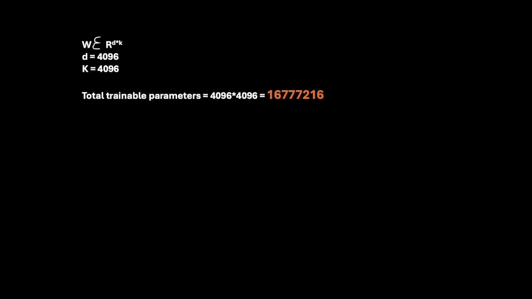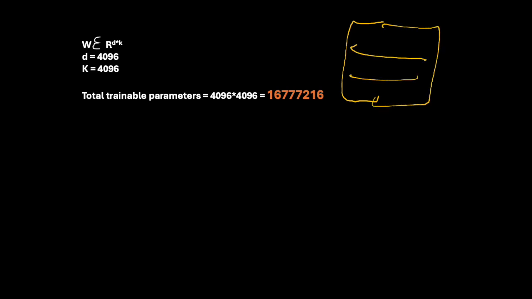So let's suppose we have a matrix W which is a member of the real numbers with D equal to 4096. Basically D and K here are the dimensions of a matrix. So suppose this is a big matrix in front of me with a value of D and K. So D here is 4096 and K again is the same, 4096.